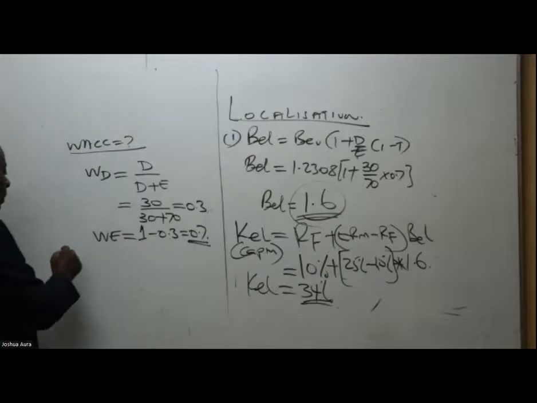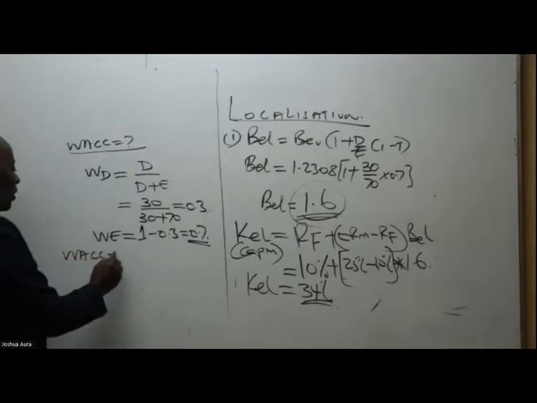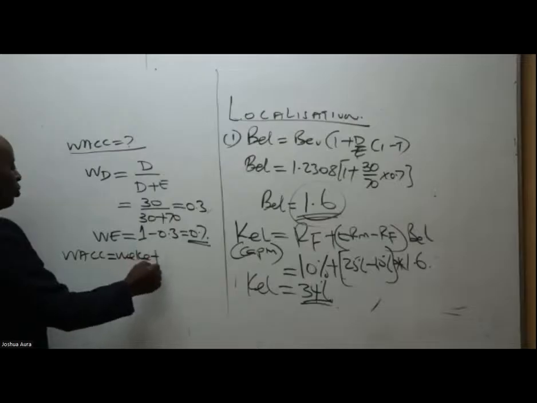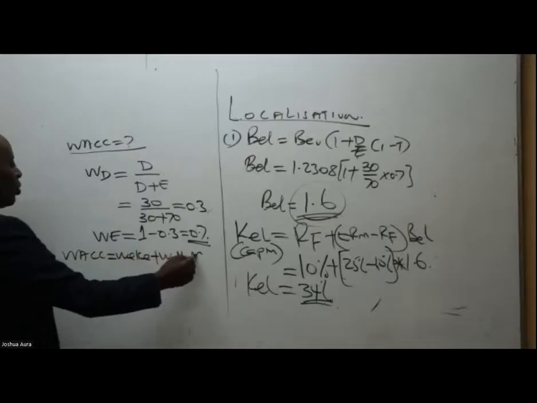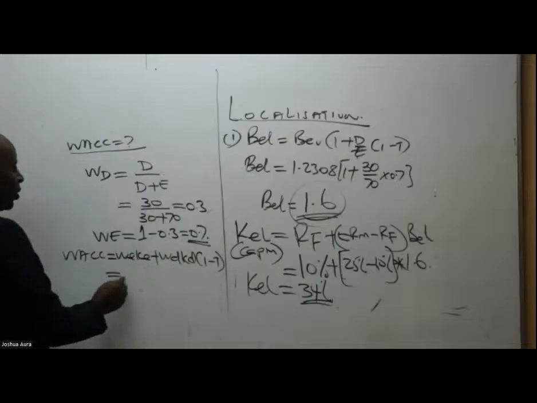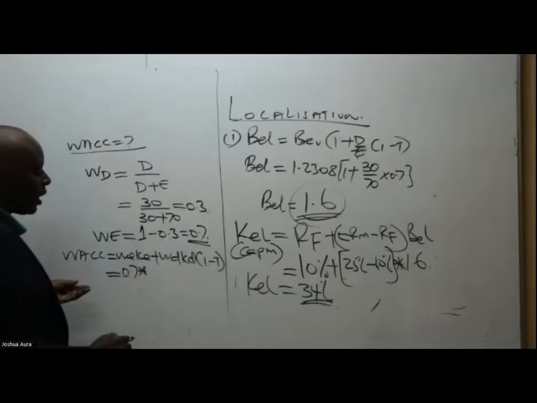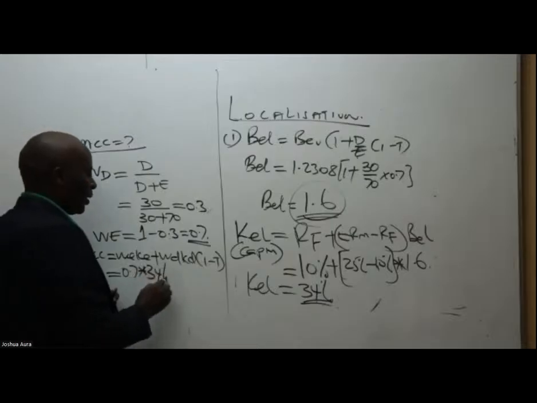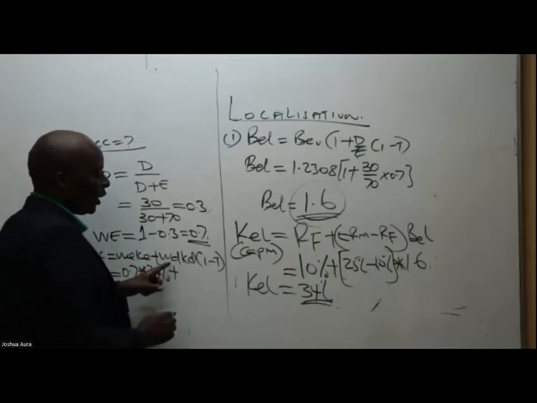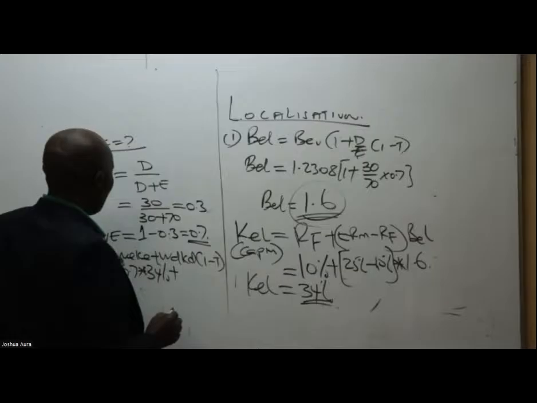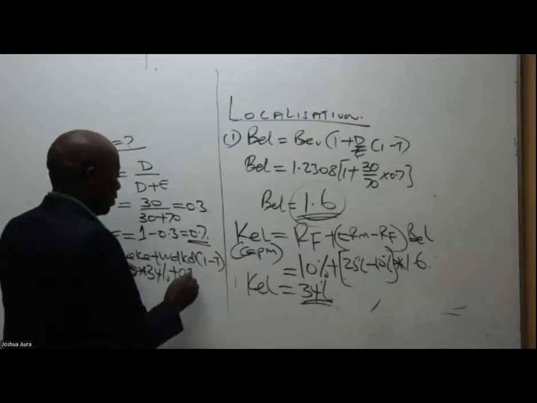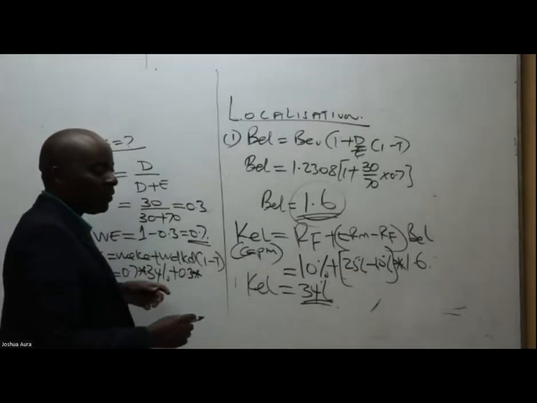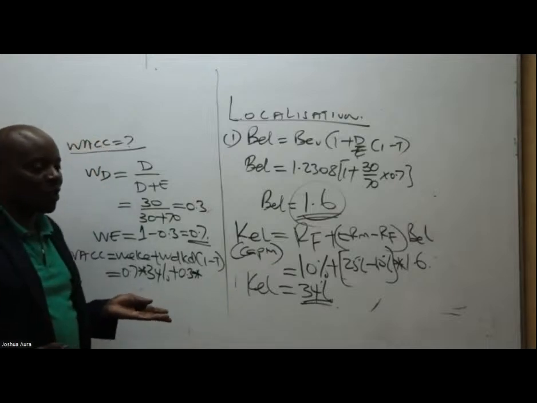So they come and give me the WACC, which will be weight of equity times cost of equity, plus weight of debt times cost of debt times (1 minus tax). The weight of equity is 0.7. The cost of equity we already have as 34%. Plus weight of debt, which you guys have given me as 0.3. Now, cost of debt, has it been given expressly or do we work with risk-free?